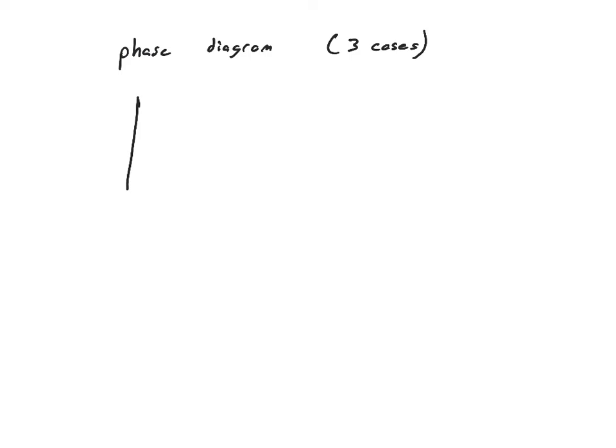Case 1, if we have an equilibrium solution that everything is going towards, we call that stable. 2, if everything is going away from that point, we call that unstable.